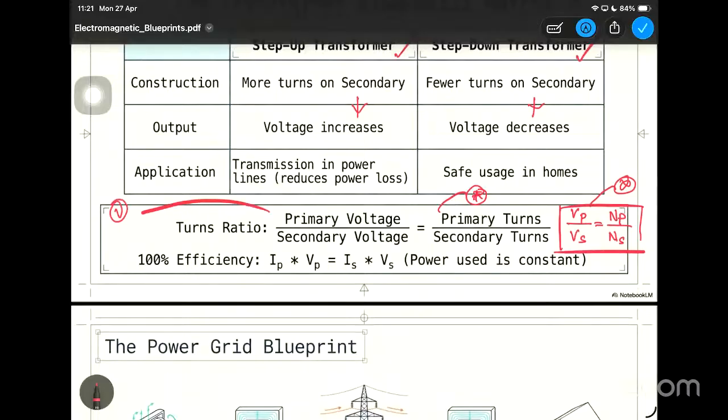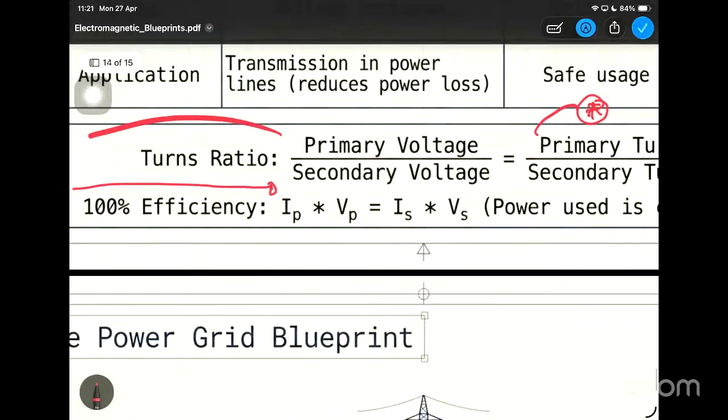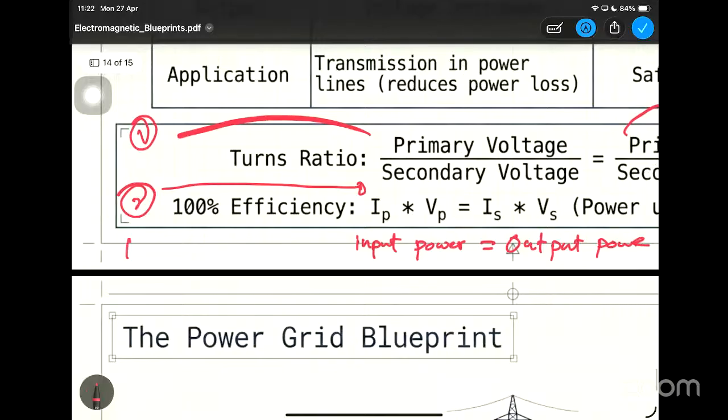And the second one is this, right? We can write it as input power equals output power, right? So power can be written as VI. Therefore, V primary, I primary will be equal to V secondary, I secondary, right?